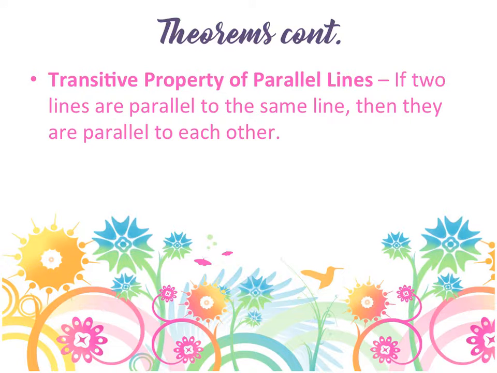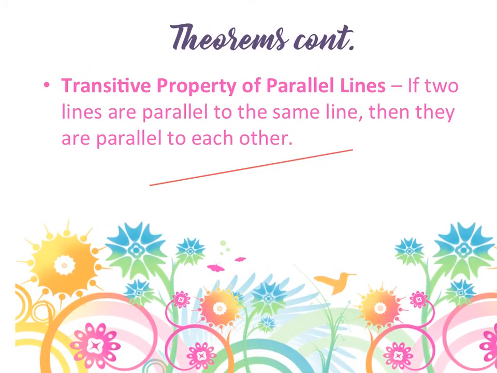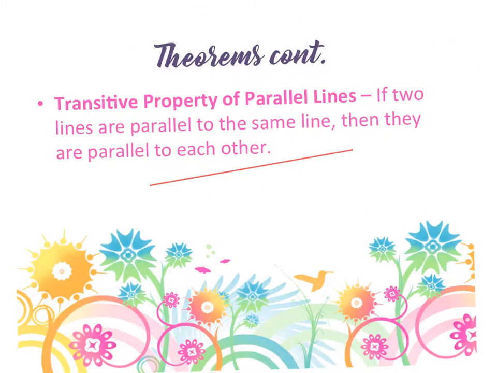This is the last one. So the transitive property of parallel lines. So the transitive property actually applies to parallel lines. If two lines are parallel to the same line, then they are parallel to each other. What does it mean by that? So I'll draw you a picture. I think it's easier to see it, right?